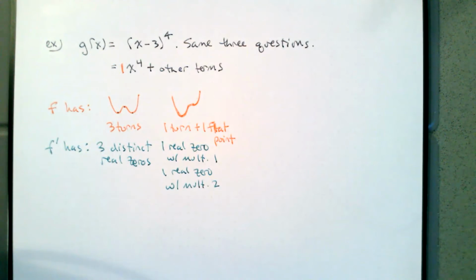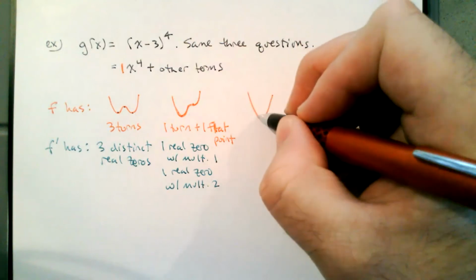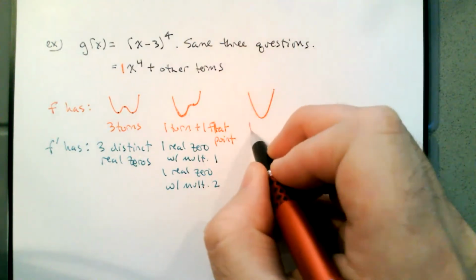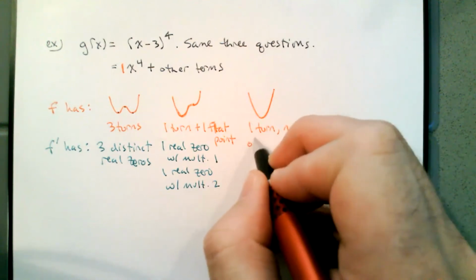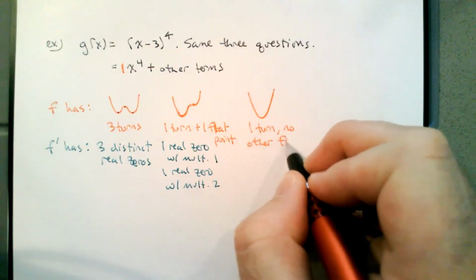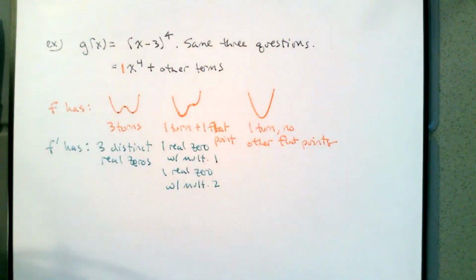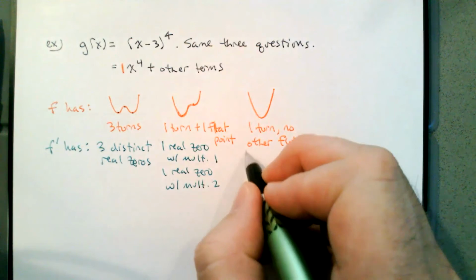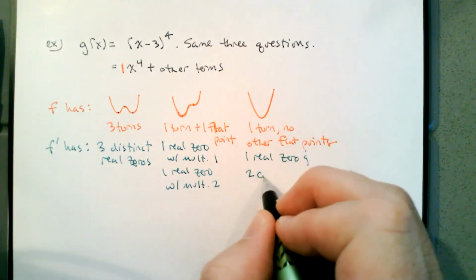It could also mean that f prime, being a 3rd degree, could have 1 real zero and 2 complex zeros, which means we'll have 1 turn and no other flat point. Because a cubic polynomial could have 1 real zero and 2 complex zeros.